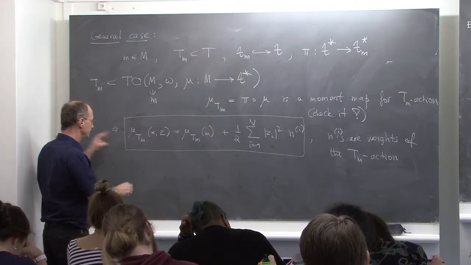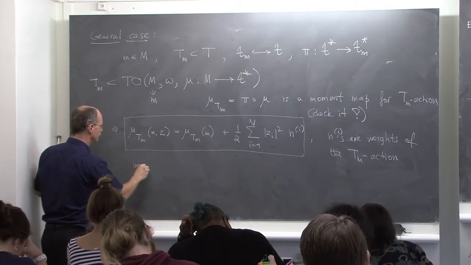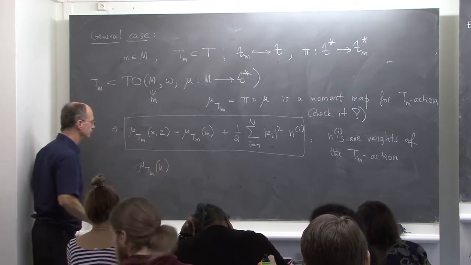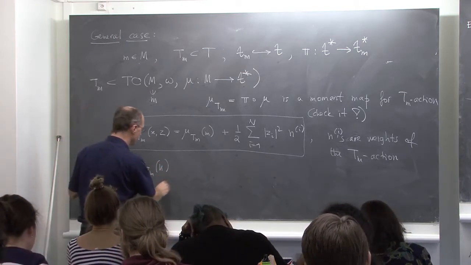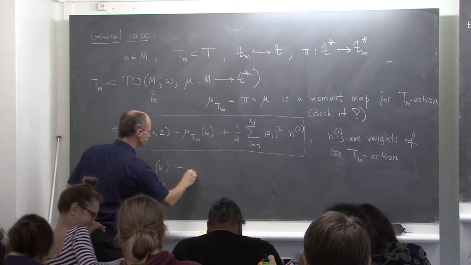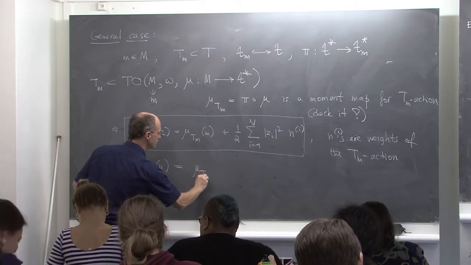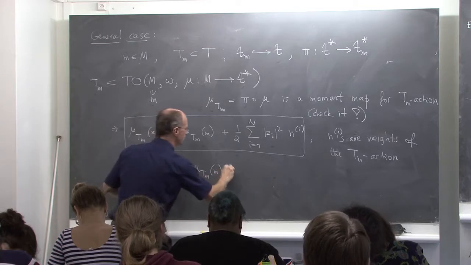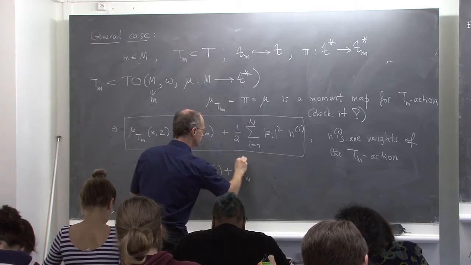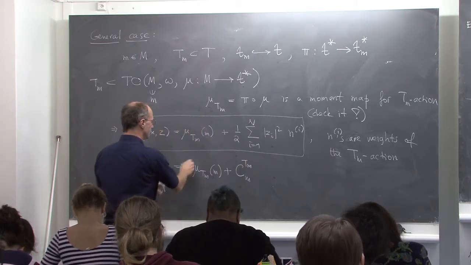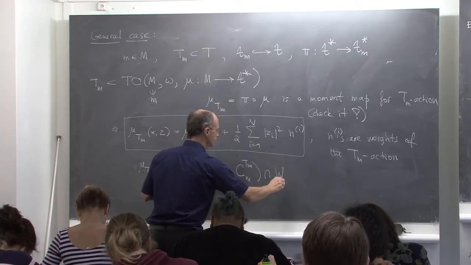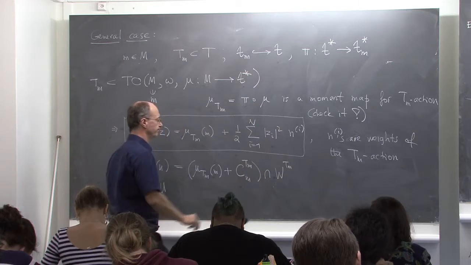Also, what we see is that the image mu Tm of u, where u is a neighborhood of M, will be mu Tm of M plus, let me call it Cm Tm, intersection with WTM.